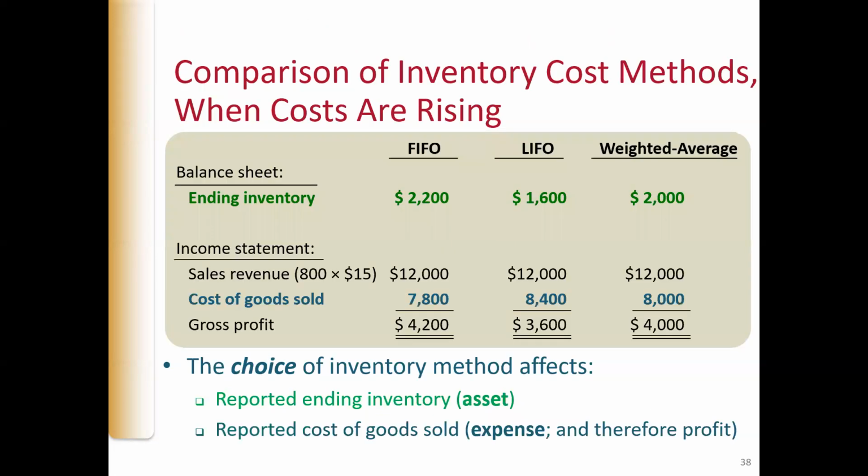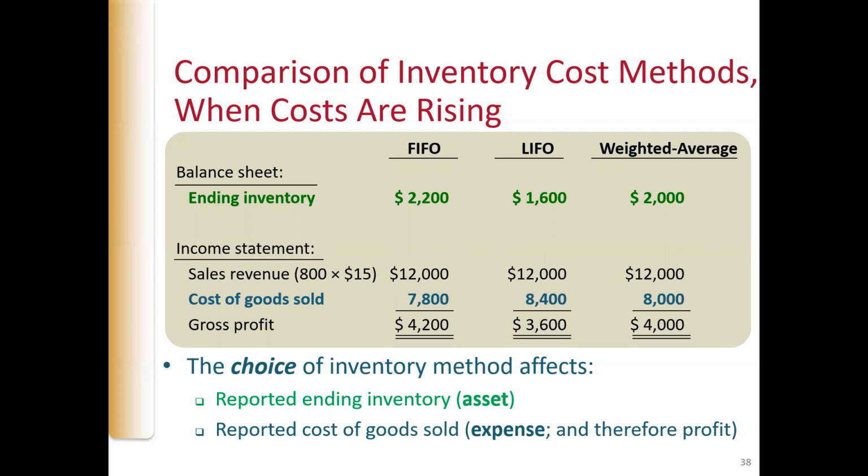So what's all this about? Well, when prices are rising, if we use FIFO, our ending inventory is higher on the balance sheet. It makes us look like we have higher assets. We're going to also have higher net income when prices are rising.